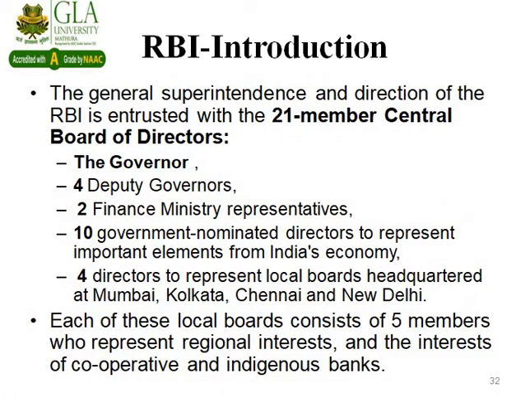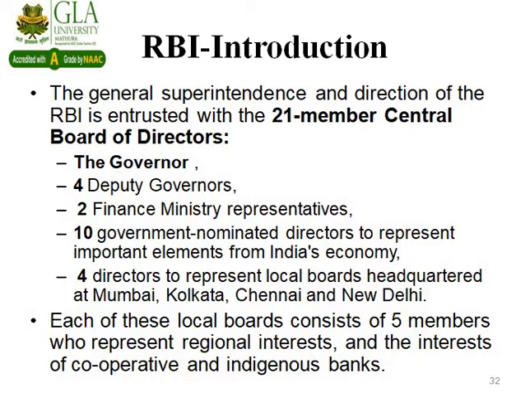This is the introductory part, and if we talk about the organization structure of the RBI, there is a 21 member central board of directors. The very first one is the governor, followed by 4 deputy governors, in which I would like to share that a maximum of 4 deputy governors can be appointed, not more than 4, right?